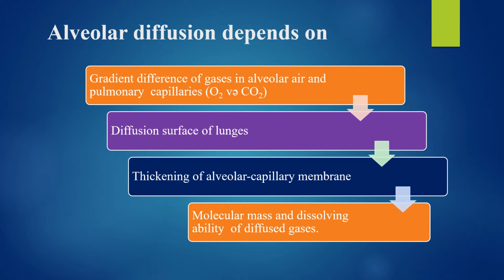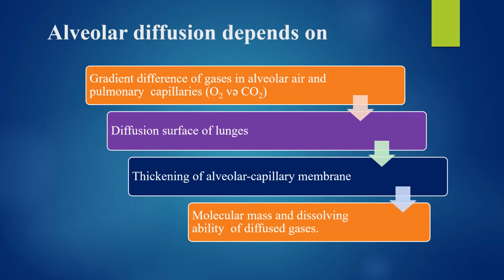The second is the area of the diffusion surface of the lungs. It is approximately 200 square meters. In pneumonia, allergic alveolitis, pulmonary edema, emphysema, atelectasis, and sclerotic changes in the lung parenchyma, the area of the diffusion surface of the lung and the volume of alveolar diffusion are reduced.